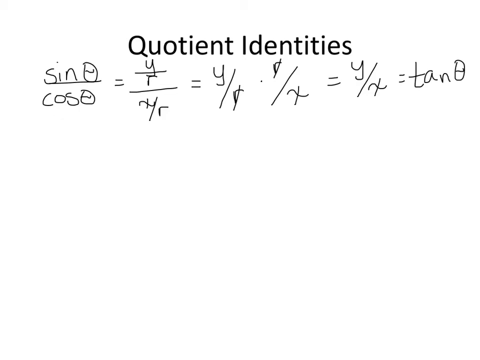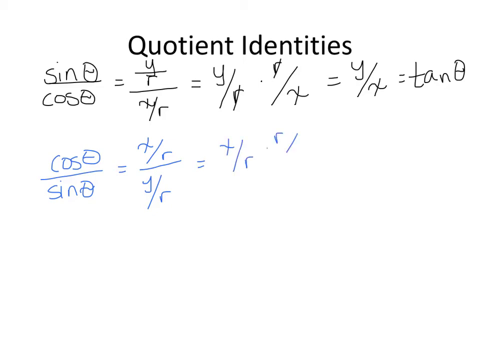We can do the exact same thing with the reciprocal. Start with cosine of theta over the sine of theta. We get x over r divided by y over r. So that gives us x over r times r over y.